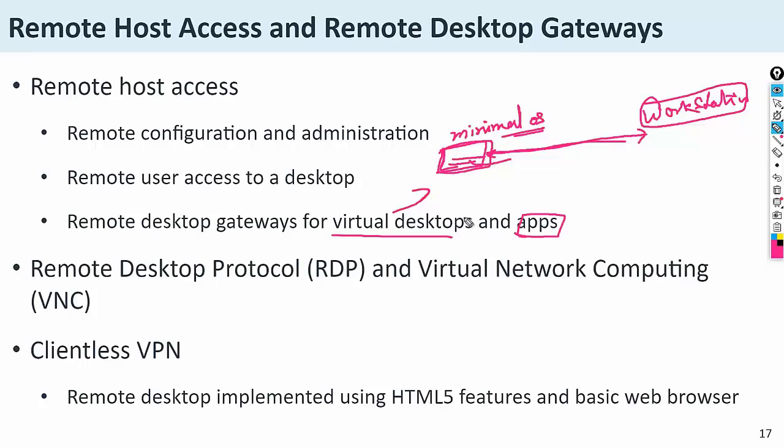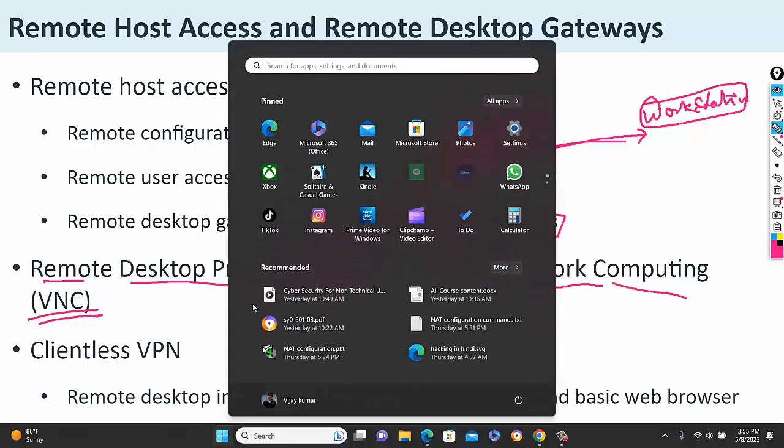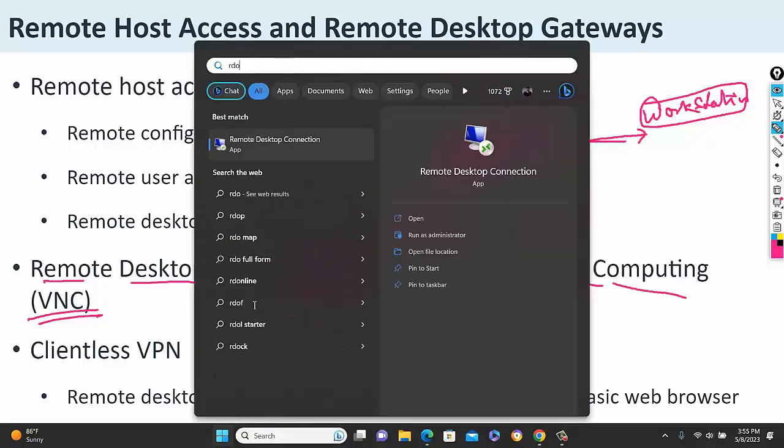So how can the remote desktop be accessed? The virtual desktop, how can you access it? By using the RDP protocol. RDP is the Remote Desktop Protocol, or there is Virtual Network Computing, the VNC server. If you want to connect with RDP, just open your system and write RDP, where you can connect with the remote desktop remotely by providing the public IP address.